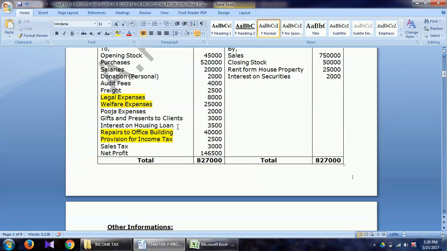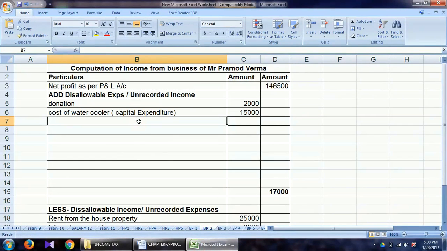Interest on housing loan is a personal expenditure. It does not relate to business. It is interest paid on a loan taken for a house. So this will be added back, 3,500, interest on housing loan.